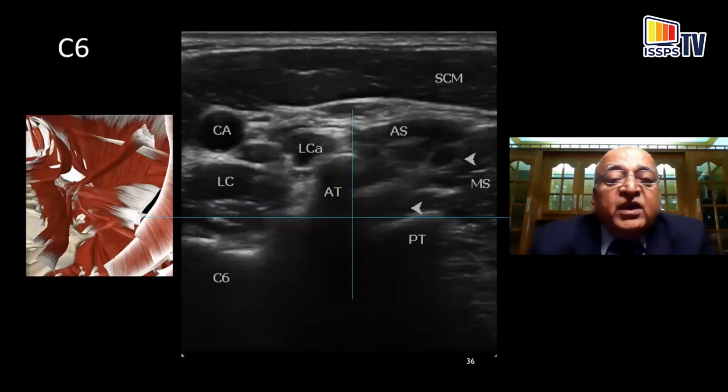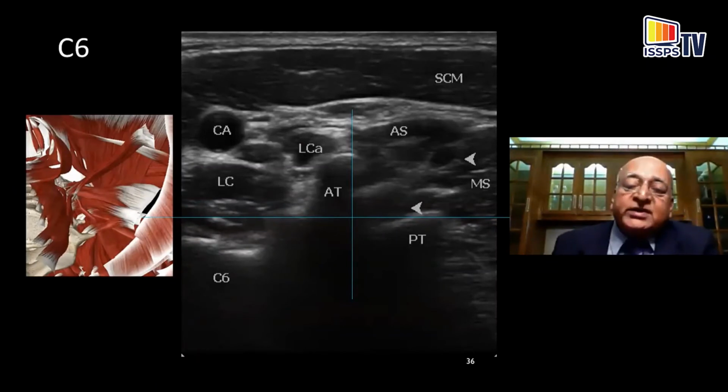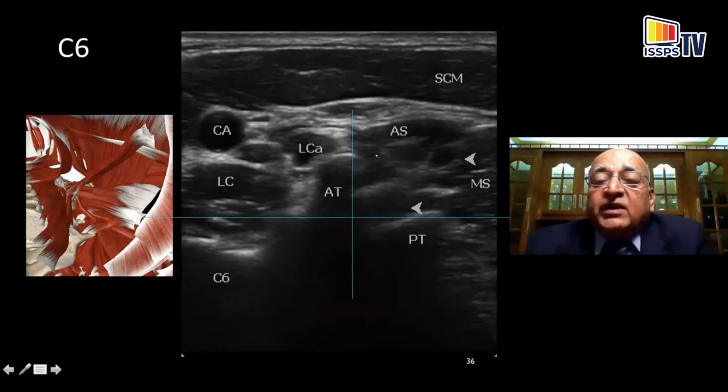Some of the muscular structures in this area, like I mentioned, you have the longus colli and longus capitis, which starts at C6. So if you see the longus capitis, you know that it is the beginning of C6. And more laterally, you have the anterior scalene.